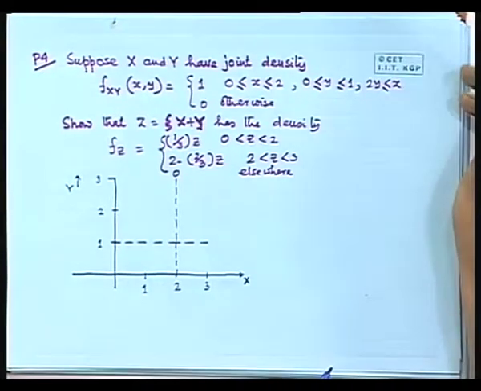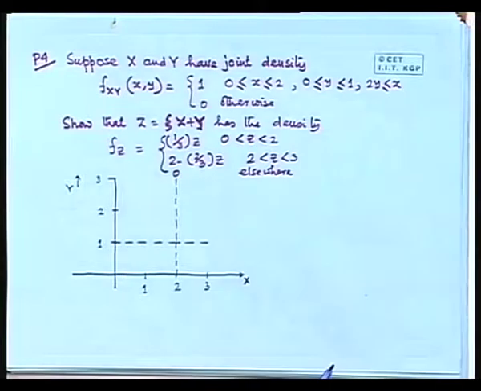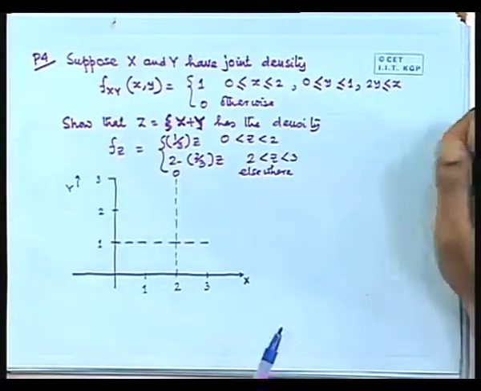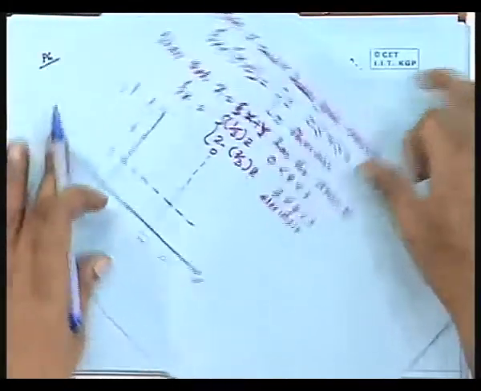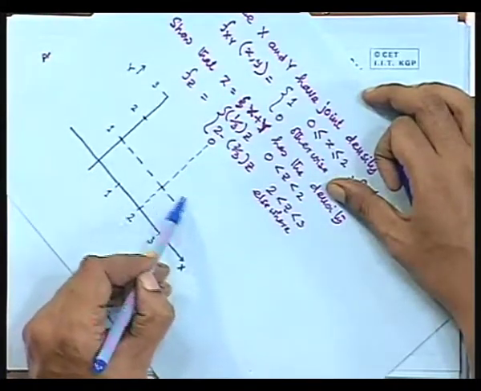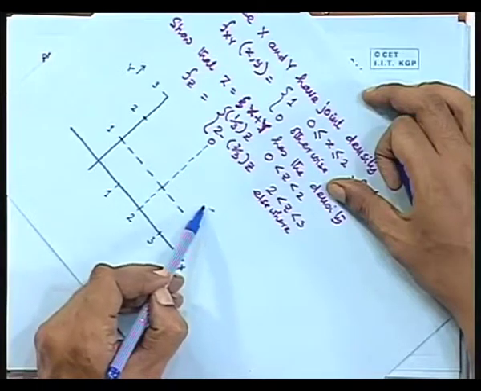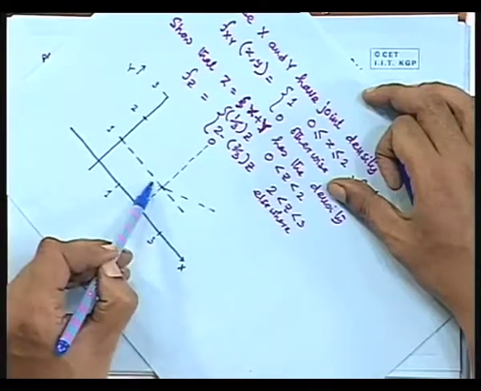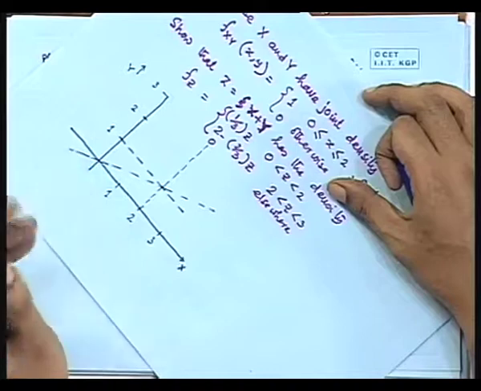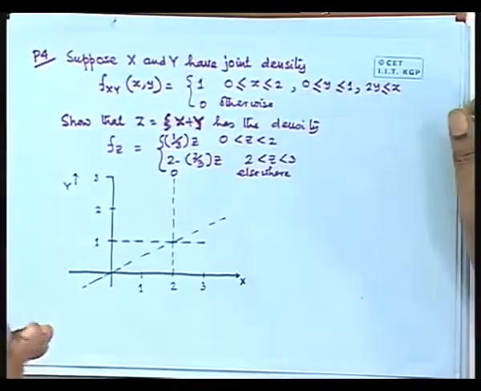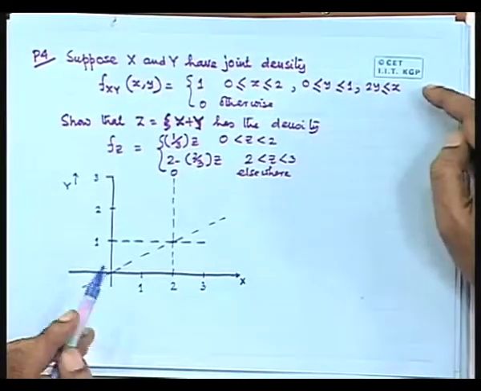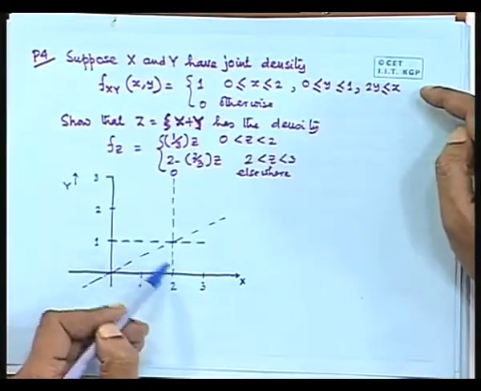And x is less than or equal to twice y. So what is the x equal to twice y line? X equal to twice y line is here. Is it not? And x greater than or equal to twice y means it is in this region.